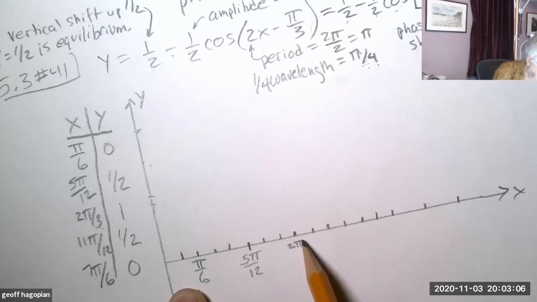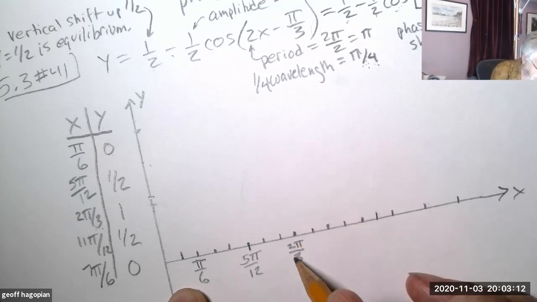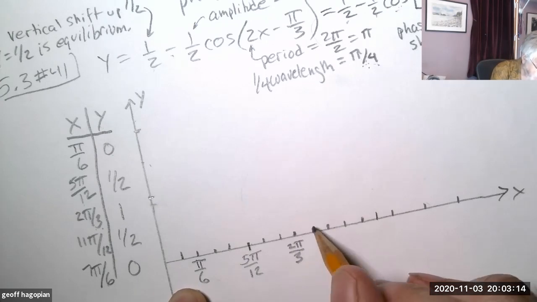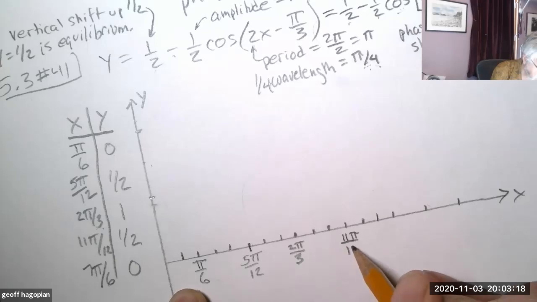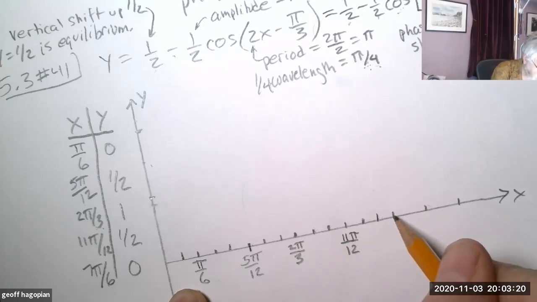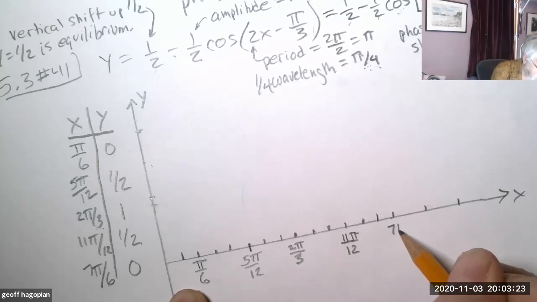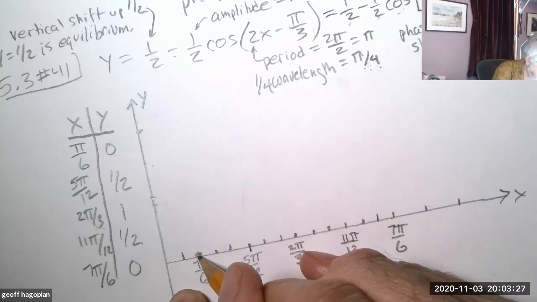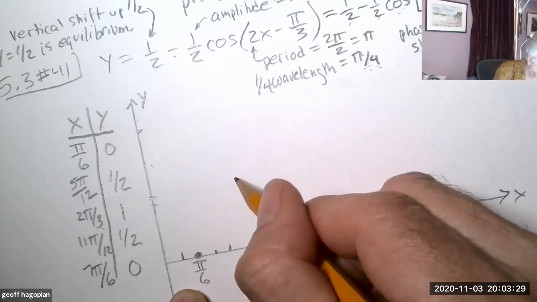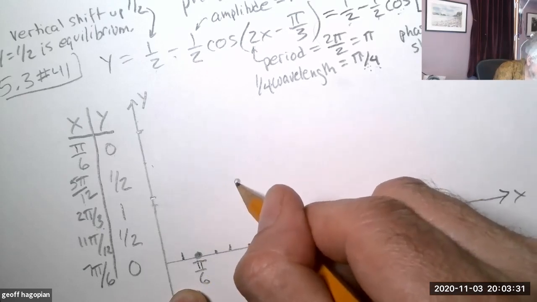You really get to practice your fractions here and reducing, right? These are all pi over 12s, but they're reduced, right? So this would be 8 pi over 12, 9, 10, 11 pi over 12 is here. 12, 13, 14 pi over 12, which is 7 pi over 6, that's here, right? So we're going to start here at a trough where we're 0. Then here at the quarter wave point, we're at equilibrium, right?